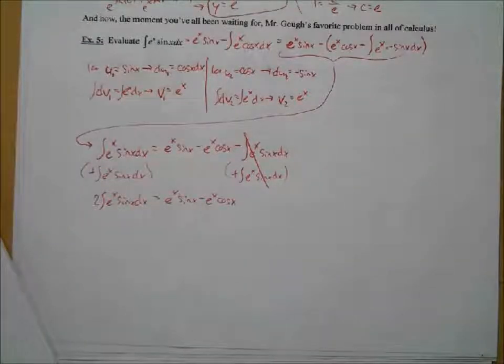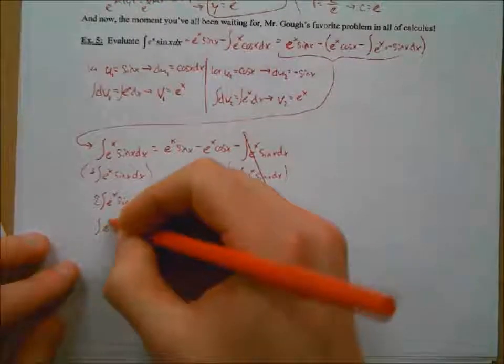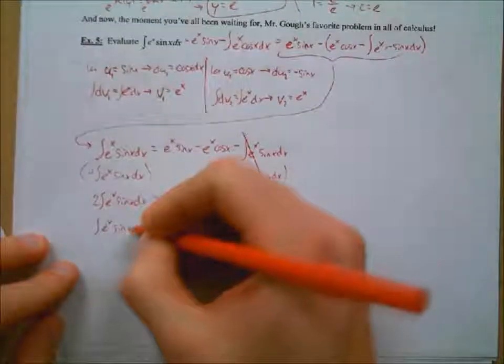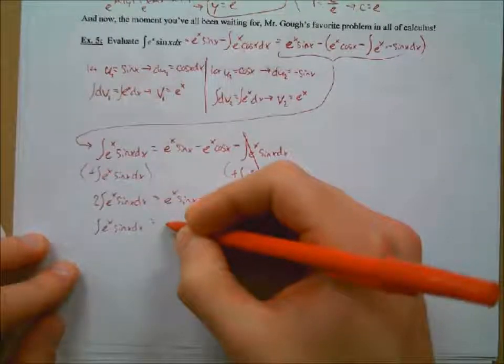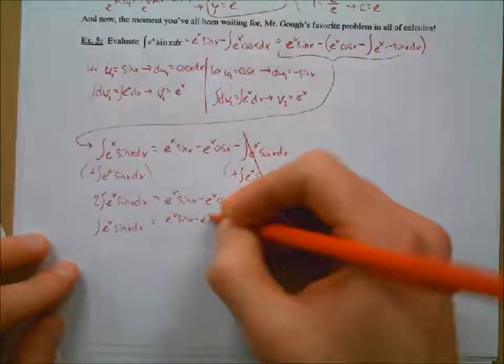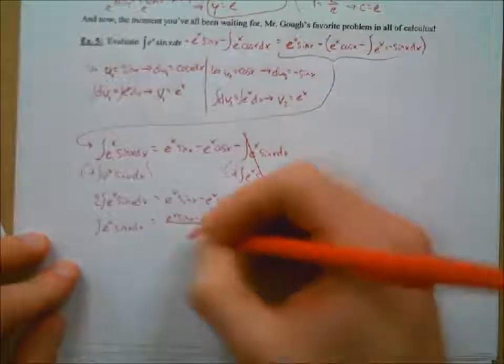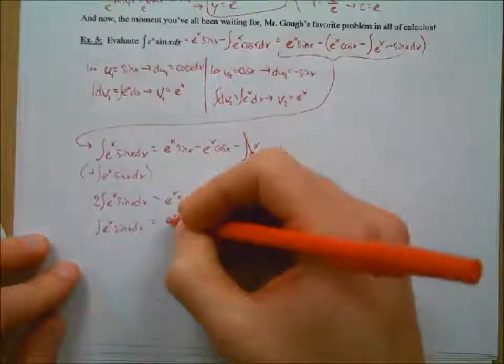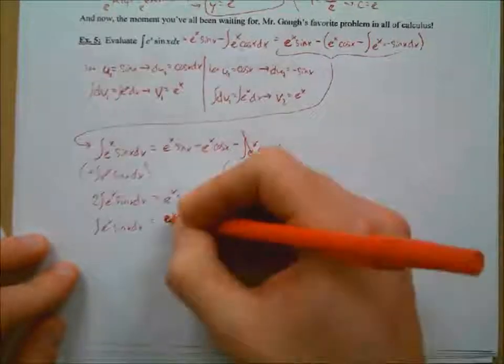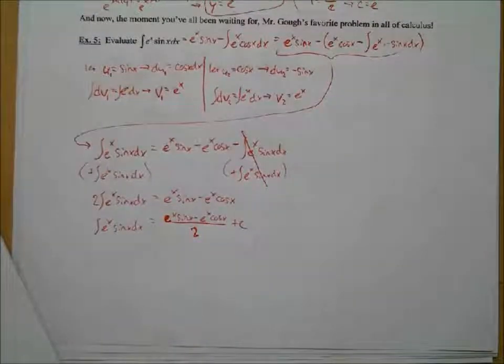And then how can I finish solving here? Divide both sides by 2, or multiply by 1/2. I'll put a plus c there at the end now. Okay, and there it is. That's our answer.